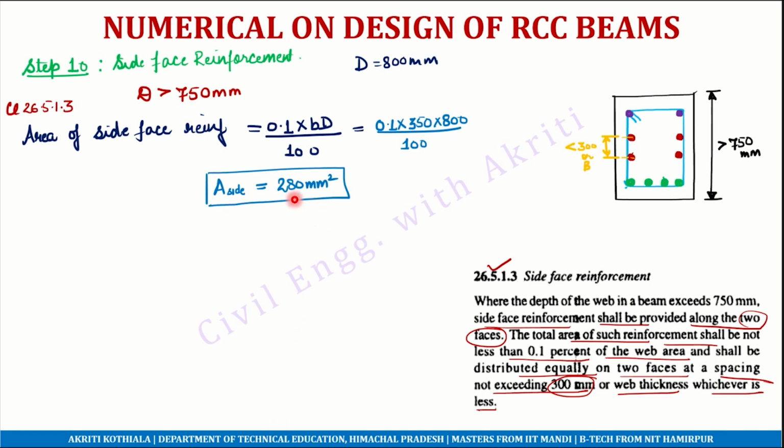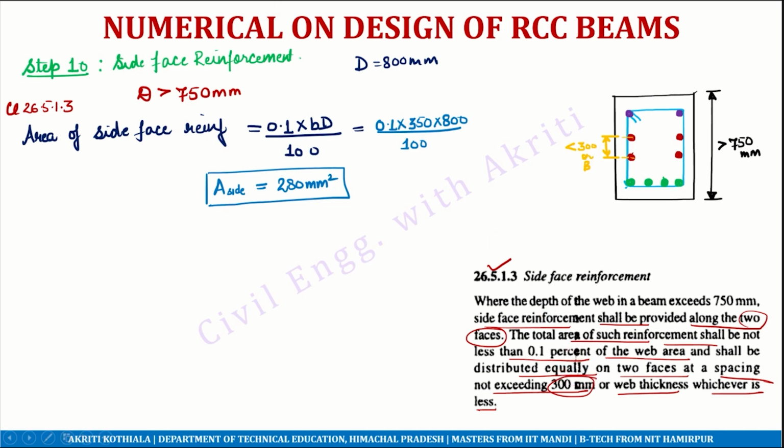So now the clause also mentions that we have to provide this side face reinforcement of 0.1% of web area on both the faces. This is the side face reinforcement depicted in red here, and it should be equally divided. So let's say if I am providing 2 bars on one face of the beam, then I will have to provide 2 bars on the other face of the beam as well, because it should be equally distributed on the two faces.